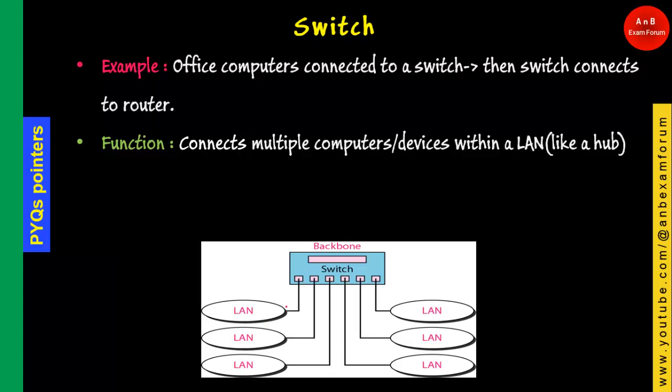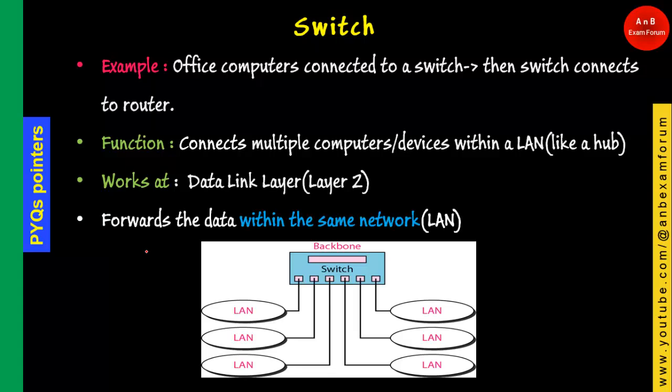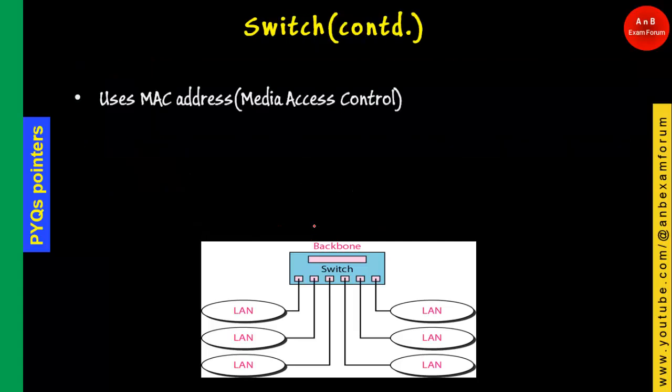It works at the data link layer 2, and again it is similar to the bridge in that it is going to forward the data within the same network. And since it works at the data link layer, it is going to use the MAC address, and the MAC address, as I told you, is media access control, which is the physical address of your device or your computer.